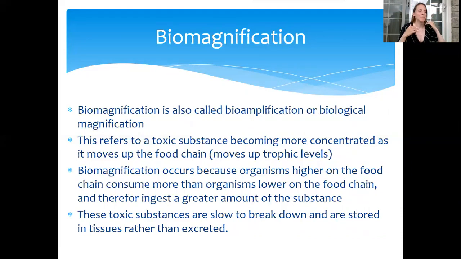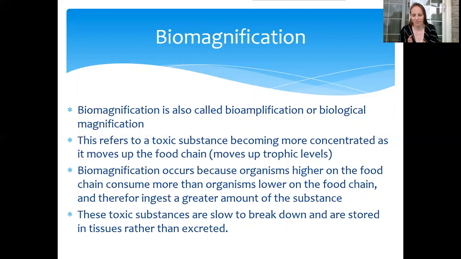Essentially, the higher level of a consumer or the higher level of a predator, the more it has to eat because it's only getting 10% of the energy available from the previous trophic level. So for instance, if we go back to the example of a wolf and a rabbit, a wolf needs to eat more than one rabbit to survive.